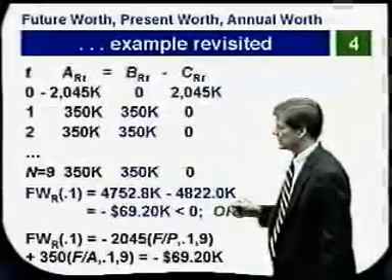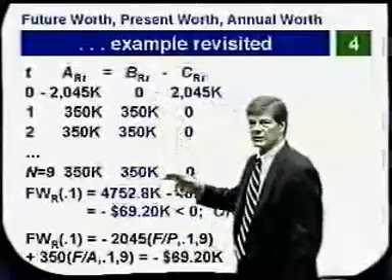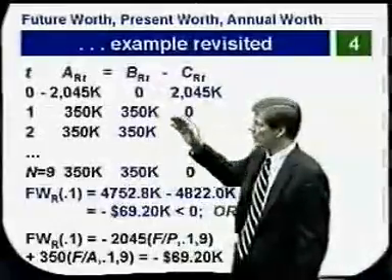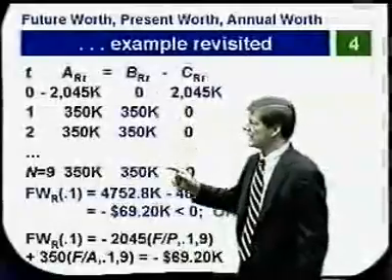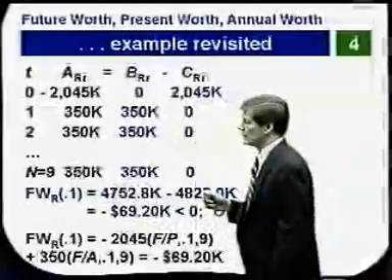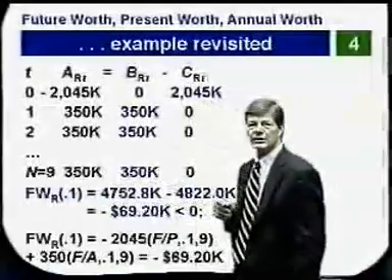We did that in the last lecture, and we showed that the prospective future benefit, that is, an equivalent amount F as of time 9, when one could invest these benefit cash flows at a minimum attractive rate of return of 10% per year, would result in $4,752,800.